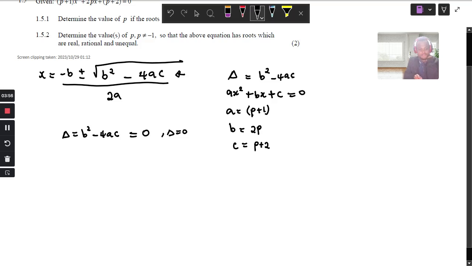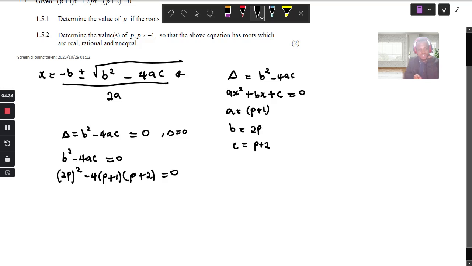So we write b² − 4ac = 0, where b is 2p, so it becomes (2p)² − 4 times a, which is (p + 1), times c, which is (p + 2), being equal to 0.